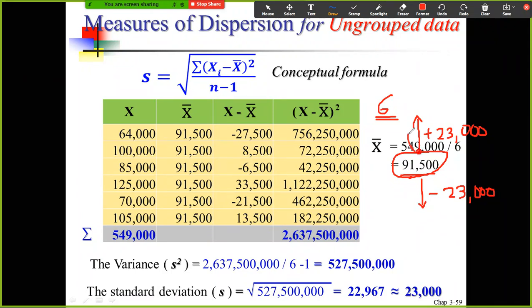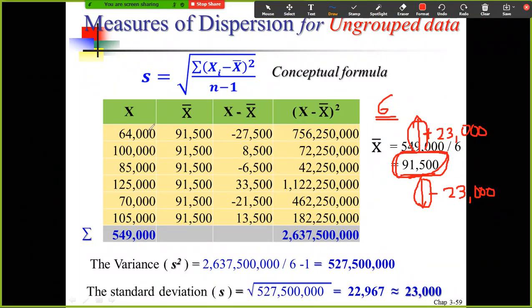So that's why it's called deviation. Deviation above average, deviation below average. This is one standard deviation. So again, based on the data set, we found that the average weekly spending for these students is 91,500 real.